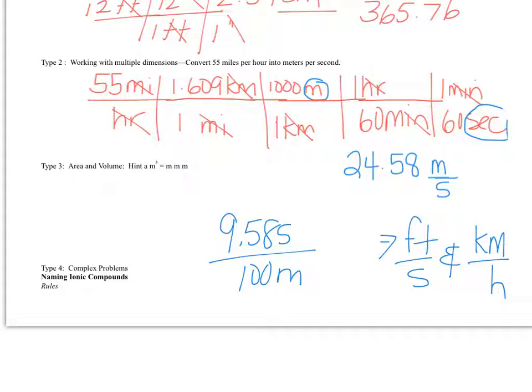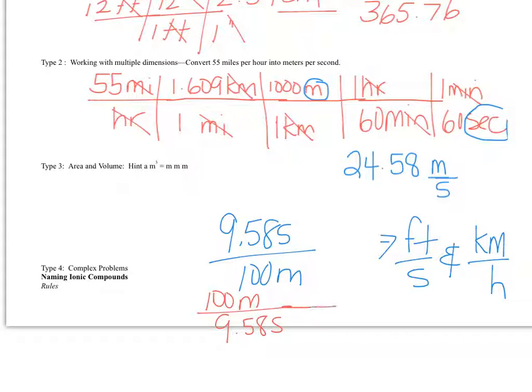Flip it to start. Meters, 9.58 seconds. Okay? Perfect. Because that's what dimensional analysis is. Could you also just keep it like that, do dimensional analysis, and then your answer is that?